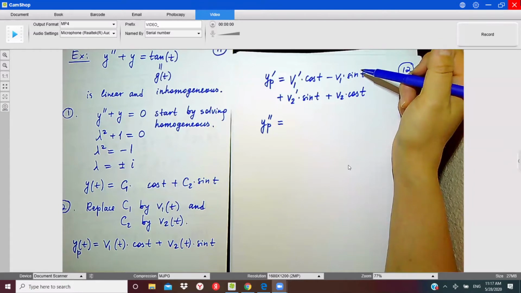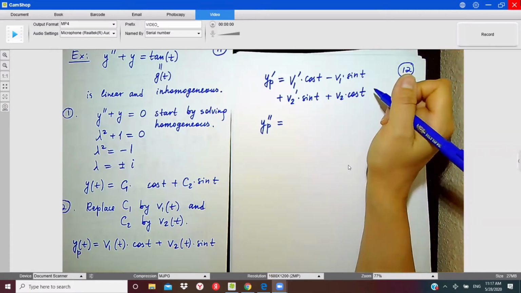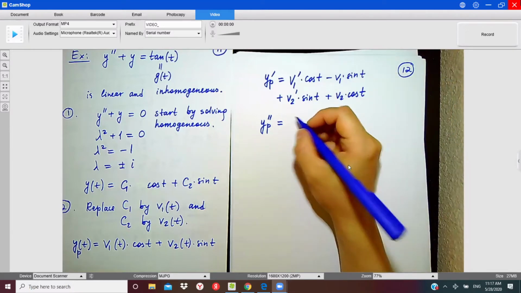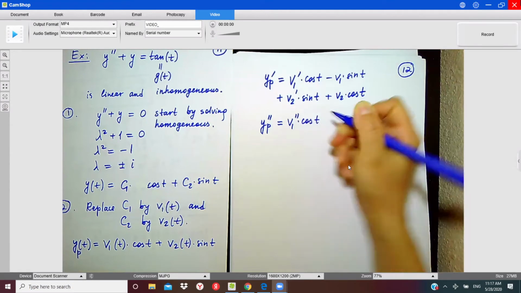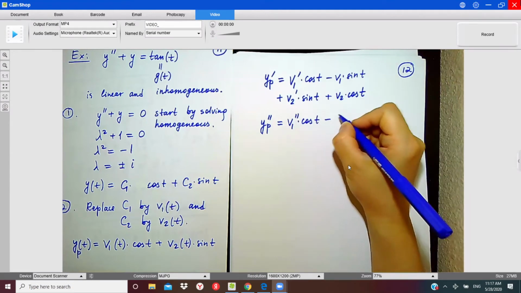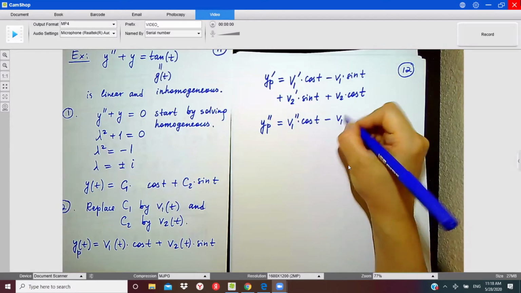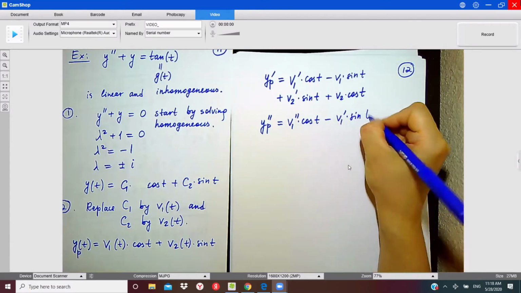No, nothing can be canceled at this point. So let's proceed to the next step. So we will have y sub 1 double prime cosine t minus v sub 1 prime times sine of t.